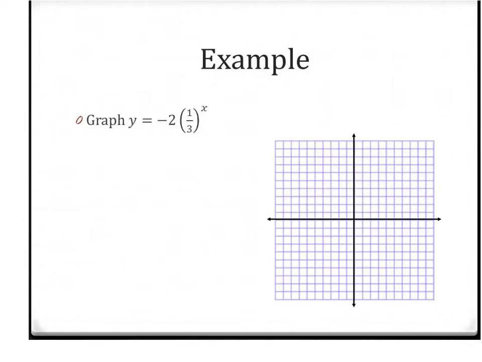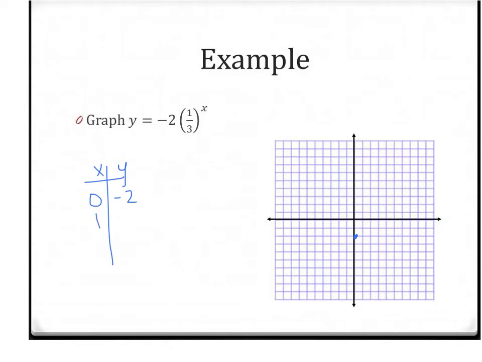So the next thing we're going to do is we're going to graph them, and you graph them exactly like you graph exponential growth. So we're going to start with the table, and I would start with 0. 1/3 to the 0 power is 1, times -2 is -2, and so at 0 we're going to be down at -2.